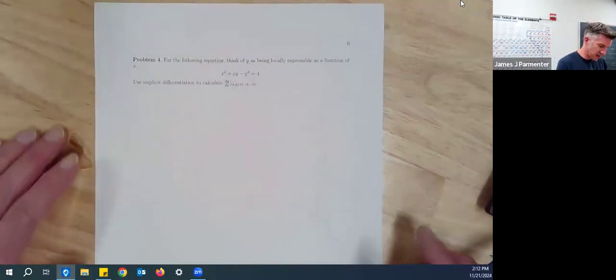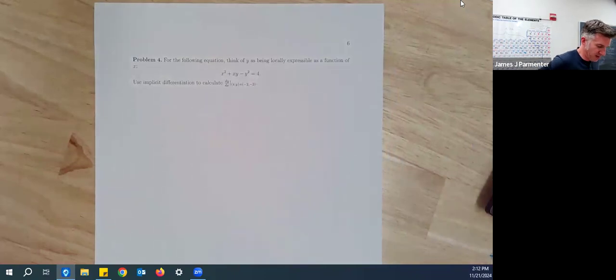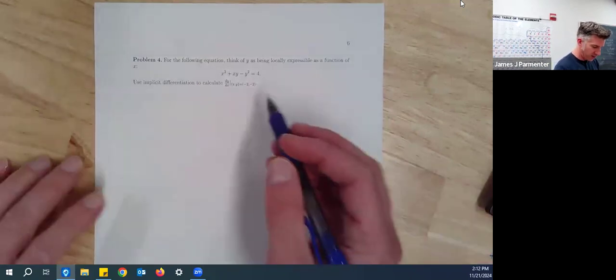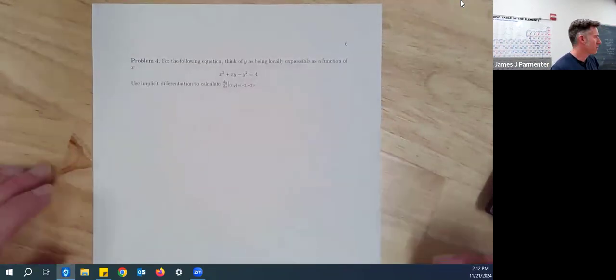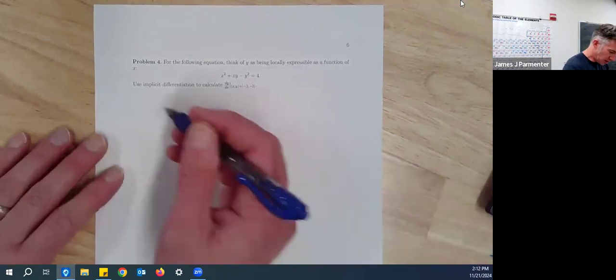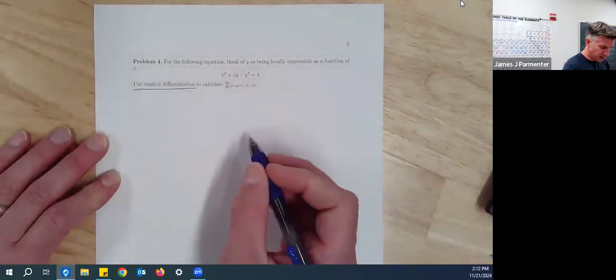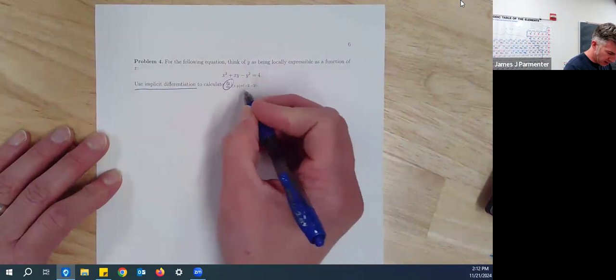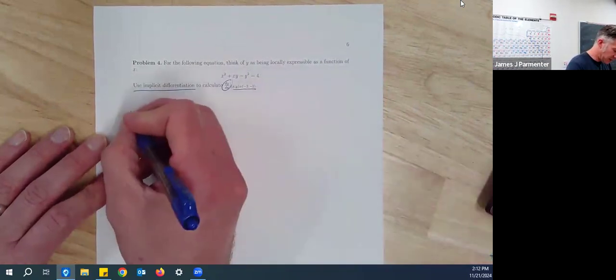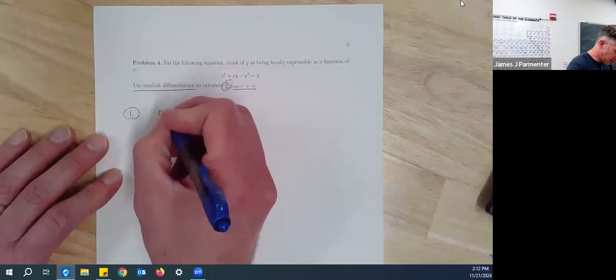For the following equation, think of y as being locally expressible as a function of x. Use implicit differentiation to calculate dy/dx at the point (-2, -2). That's a lot of words. It's just a usual implicit differentiation problem, right? So the first step is going to be to differentiate both sides.